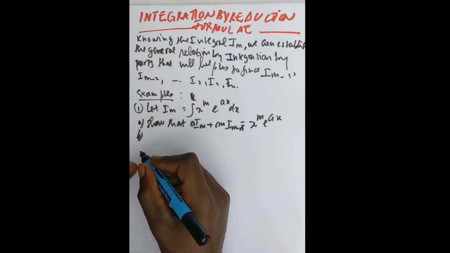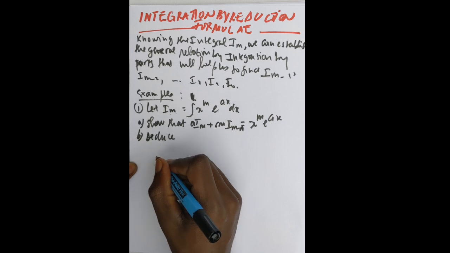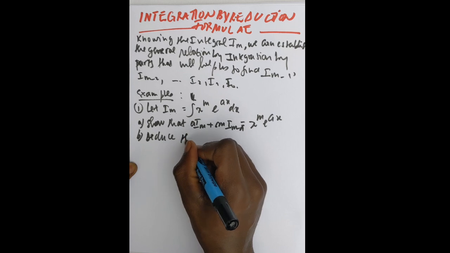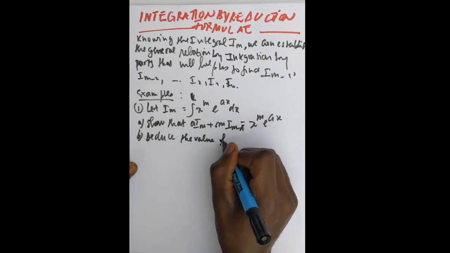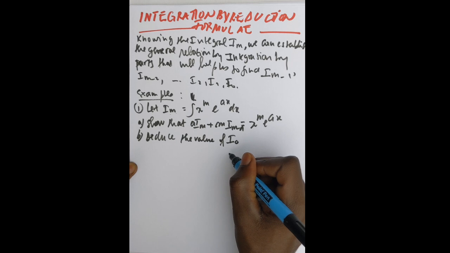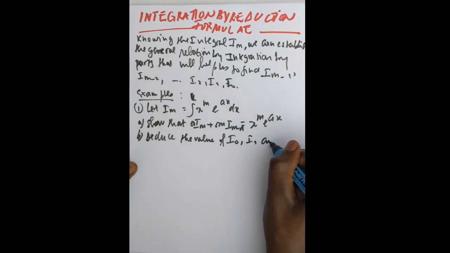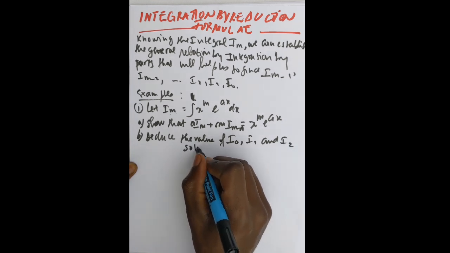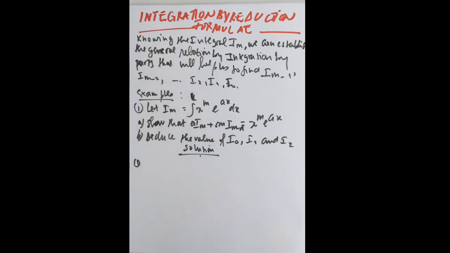Number B, we have to deduce the value of I0, I1 and I2.